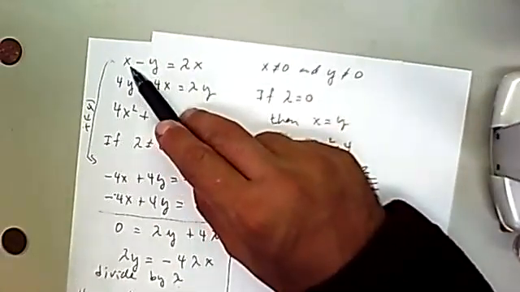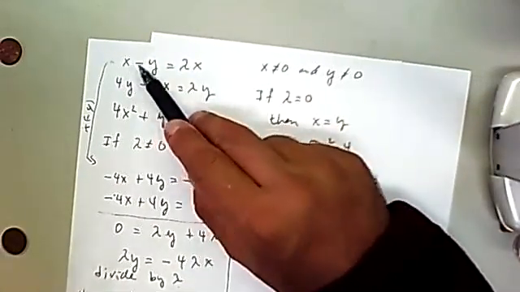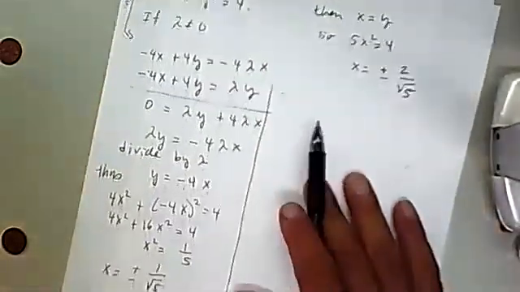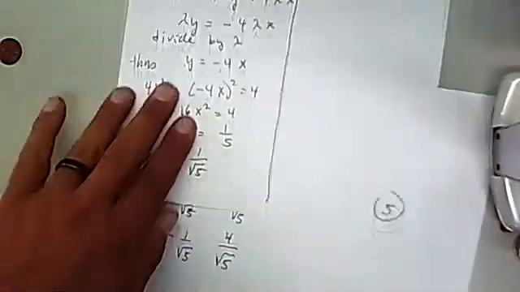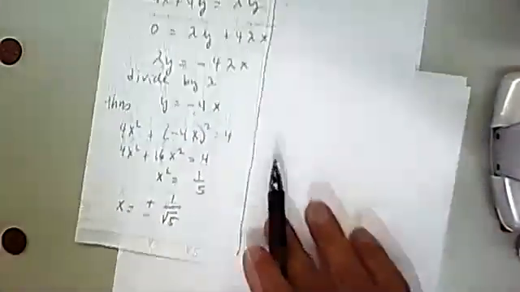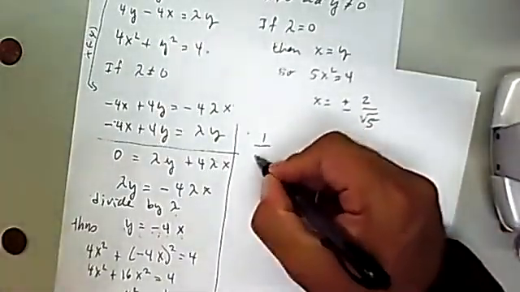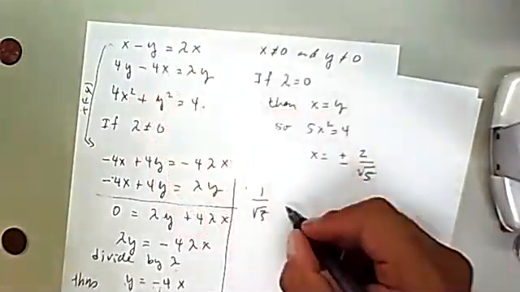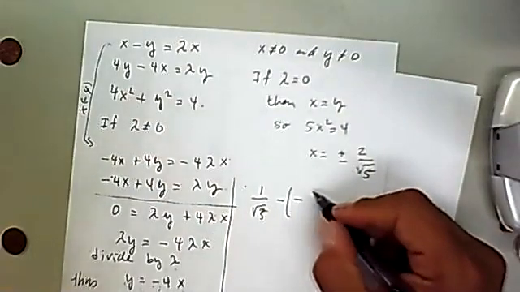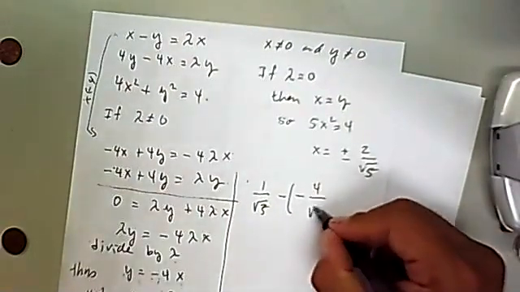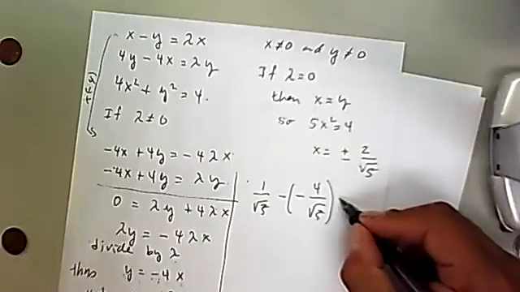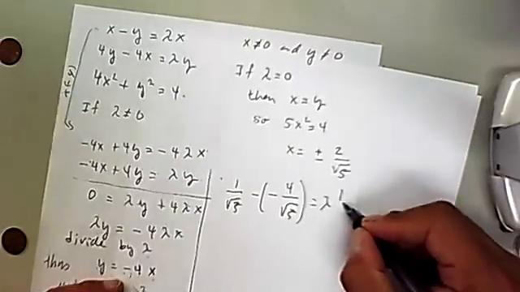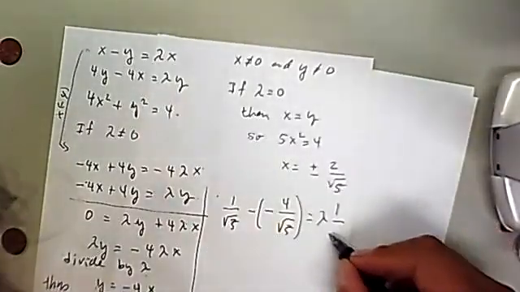Okay, so we can substitute, since we already know x and y through this process, we can substitute here. So let's start with this guy. If x is 1 over the square root of 5, y is opposite 4 times as much, and that is equal to lambda x, 1 over the square root of 5.